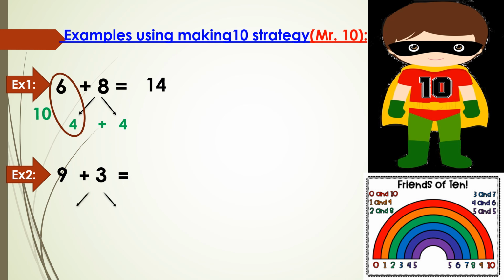So 3 can be 1 plus 2. 9 will take 1 from 3 to be Mr. 10. Okay, so 9 plus 1 equals 10. And don't forget 2. Okay, so 10 plus 2 equals 12.